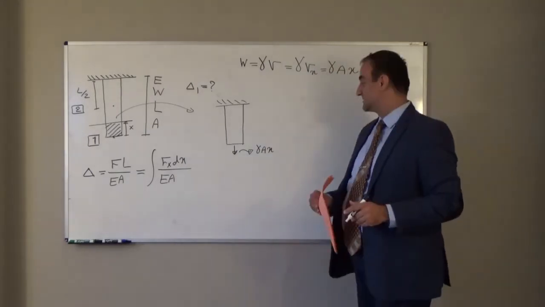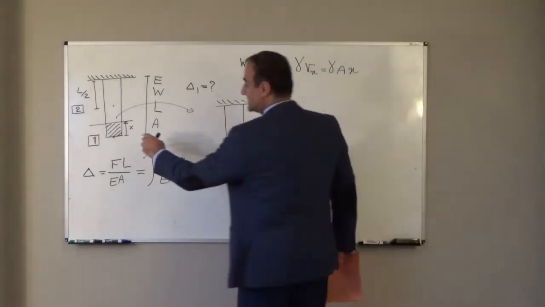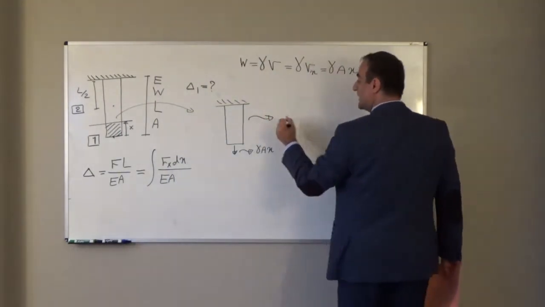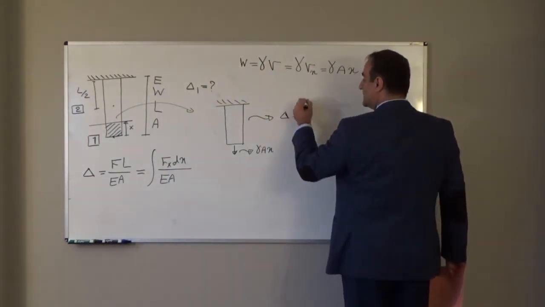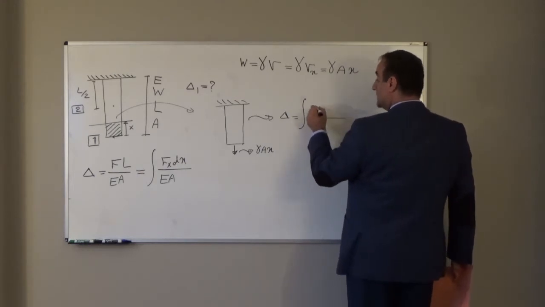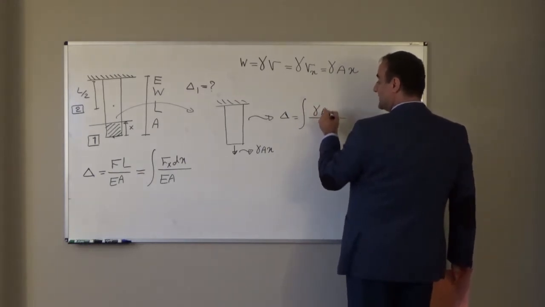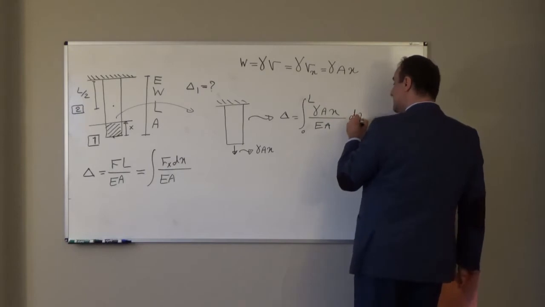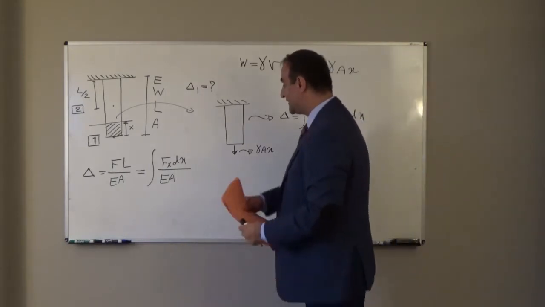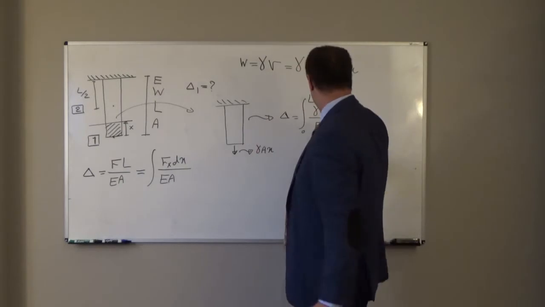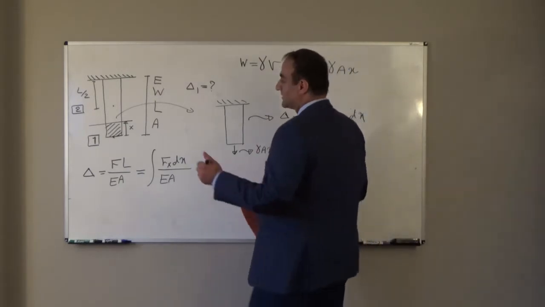It varies from x equal to 0 up to L. So I can write delta is equal to the integration of gamma Ax divided by EA from 0 to L dx. Instead of Fx, I plug in this gamma Ax dx over EA, because why?